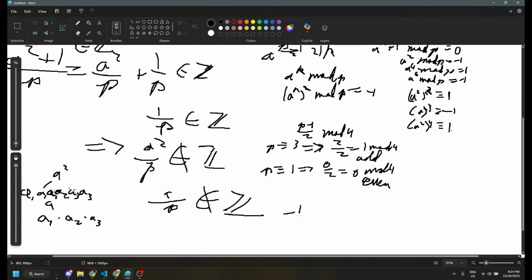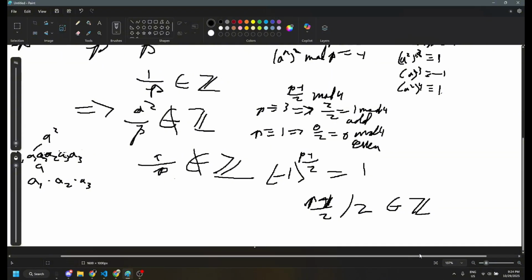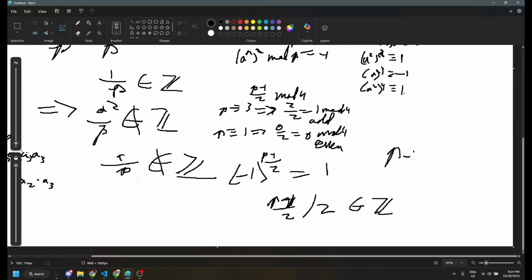That means that -1 to the p minus 1 over 2 is equal to 1, which means that p minus 1 over 2 is an integer, meaning that p minus 1 over 4 is an integer.